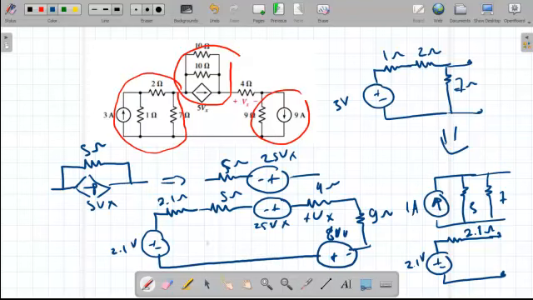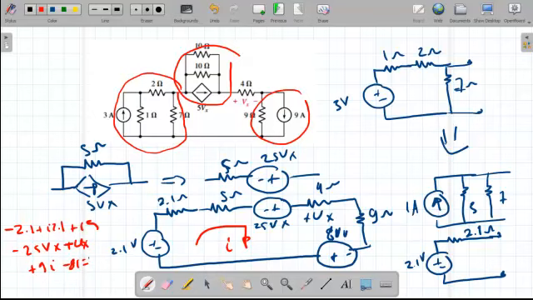So from this circuit I can assign a current I, because we need to find Vx. Then I can write my KVL equation. So here, minus 2.1 plus I times 2.1 plus I times 5 minus 25 Vx plus Vx plus 9 times I minus 81 equal 0.